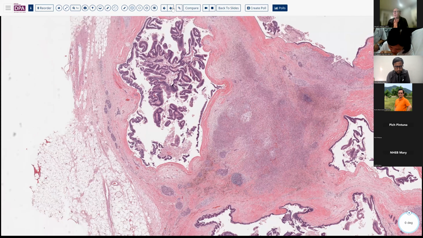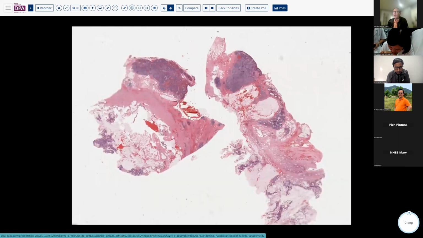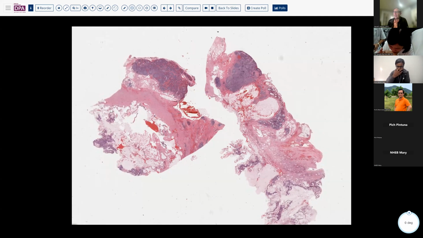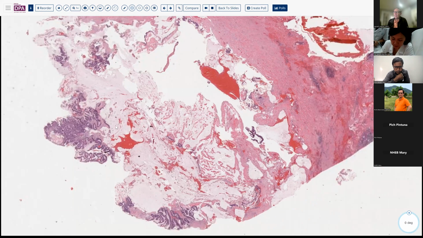Now let's look at another example. I think I've got another case example here. So here's one where we have much more abundant mucin, as you see here. And it's kind of a more viscid mucin.